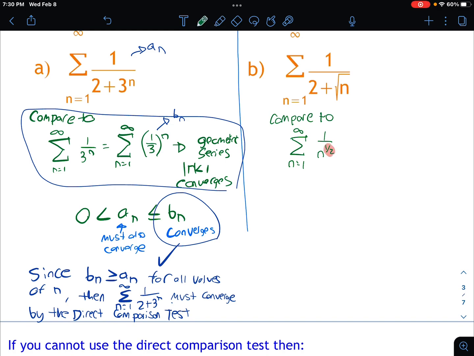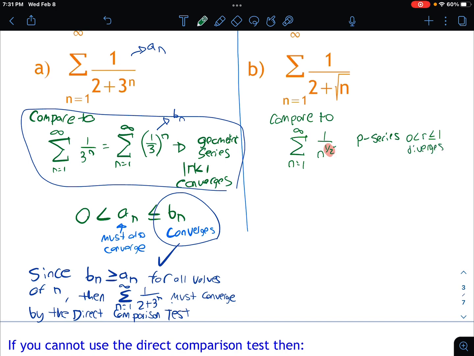What does that mean? Well, this is a p-series. And we know that the value is less than 1. So that means this diverges. Anything between 0 and, what do we call this? We call this r, less than or equal to 1, diverges.